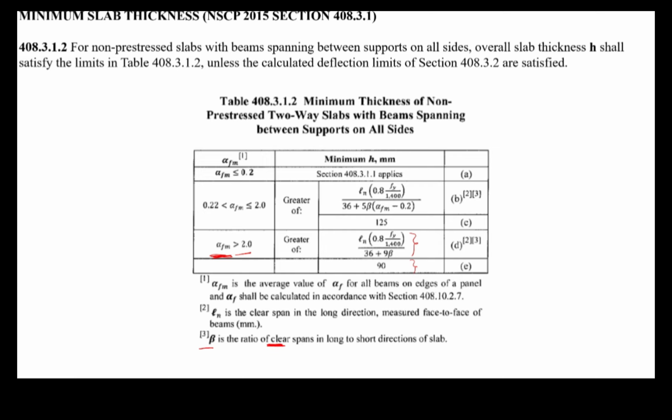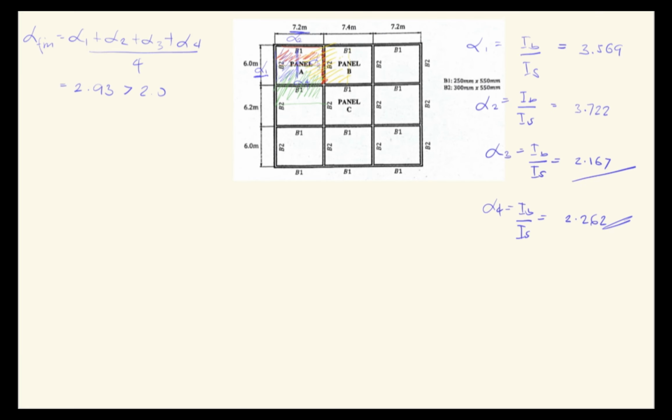Okay, and in the configuration of panel A, we have the long span as 7.2 meters and the short span to be 6 meters. However, these dimensions are center to center, so we have to determine the clear span dimension of this.